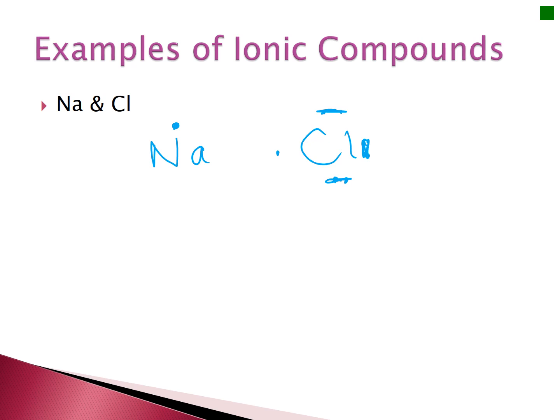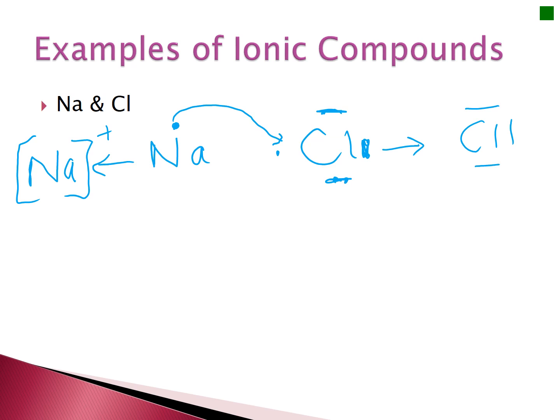So how do you draw the Lewis dot structure of this occurring? You'll have sodium donating its extra electron to the open spot. So now sodium is happy. When it's happy, you draw it to the side, give it its brackets, and give it its charge. Cl is now happy, so you put it to the side, draw what it currently has, which is 8 valence electrons, and give it its charge, which is -1.